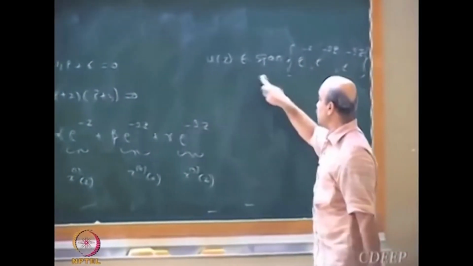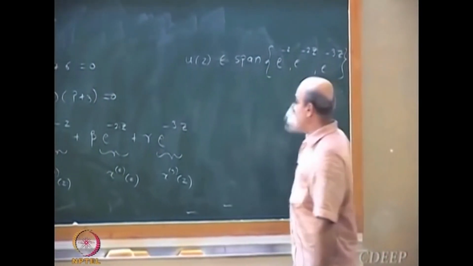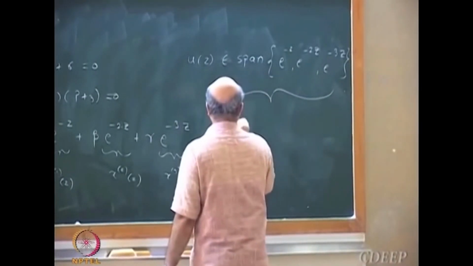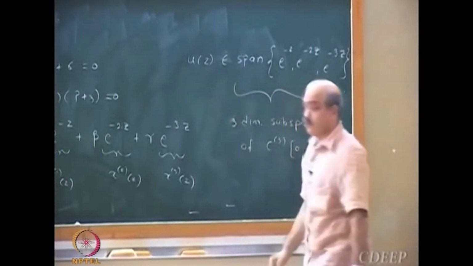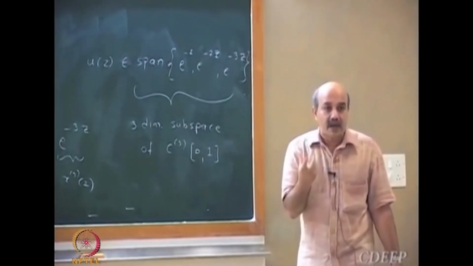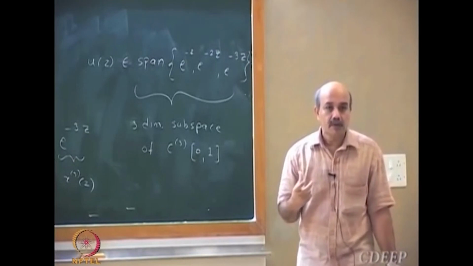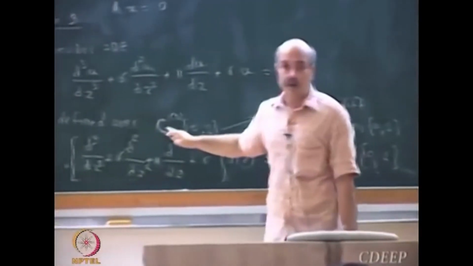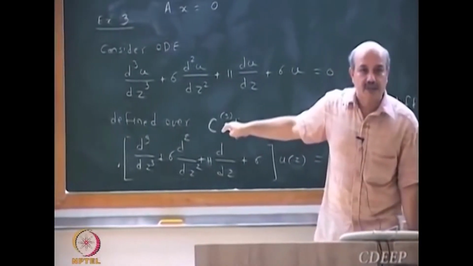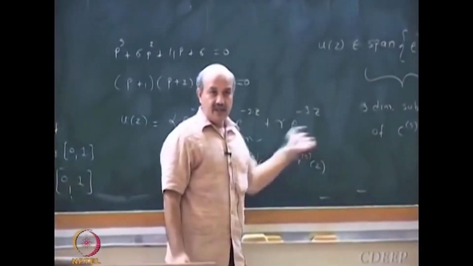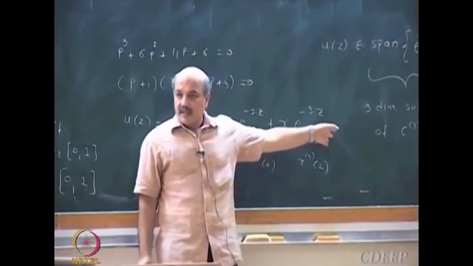All possible linear combinations of these three is a three-dimensional subspace. What is the underlying space which we are talking about? The underlying space is thrice differentiable continuous functions. Each one of them is thrice differentiable. Do you agree? All of them are thrice differentiable.